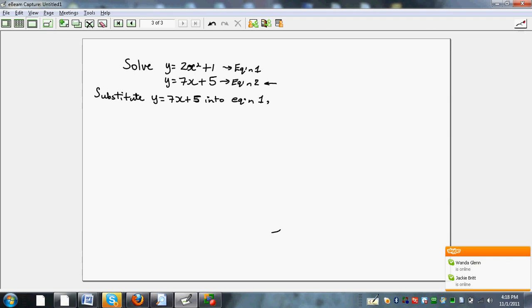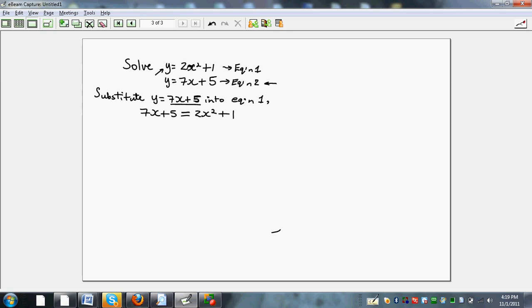In equation 1, we will get, instead of y, we will replace it with 7x plus 5. So instead of writing y here, I'll write 7x plus 5. Because y is now being replaced by 7x plus 5. That will be equal to 2x squared plus 1, like this.